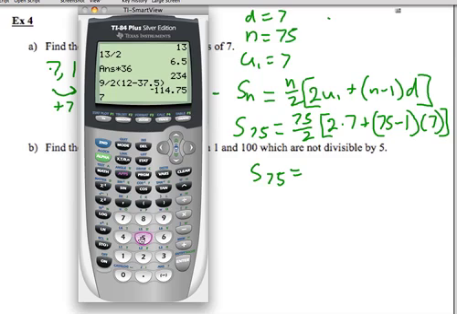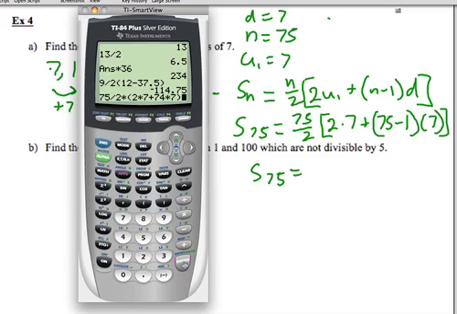So 75 divided by 2 times, and let's just bracket, 2 times 7 plus 74 times 7. Close that bracket.